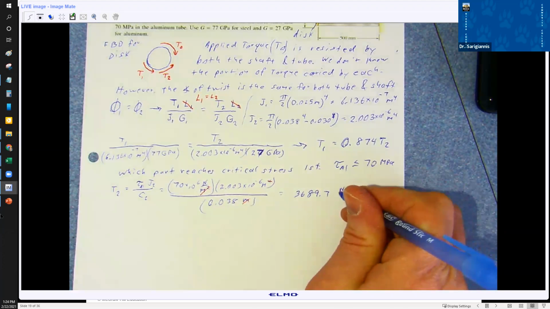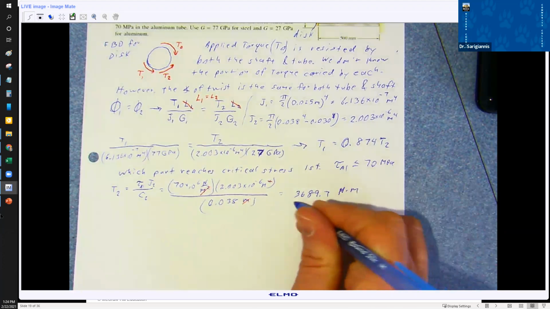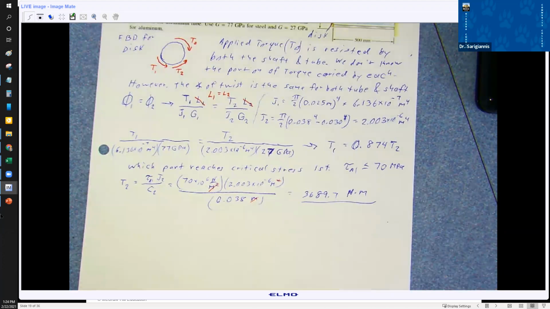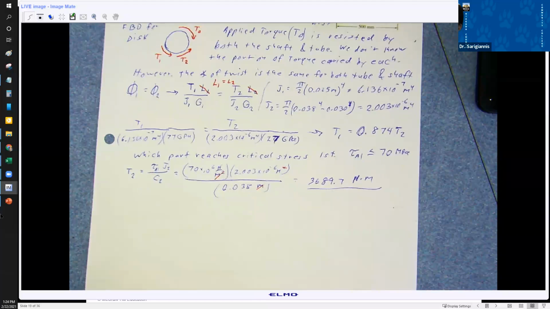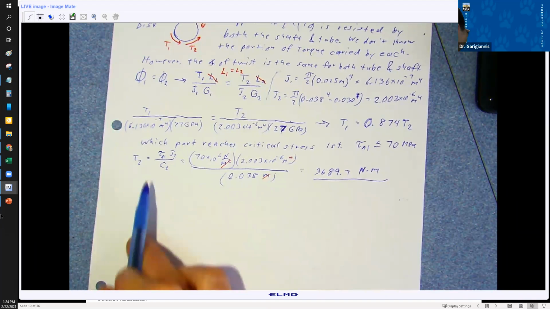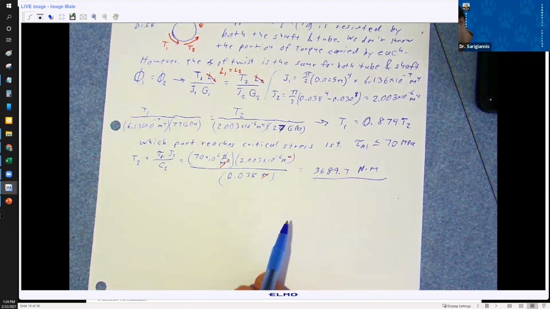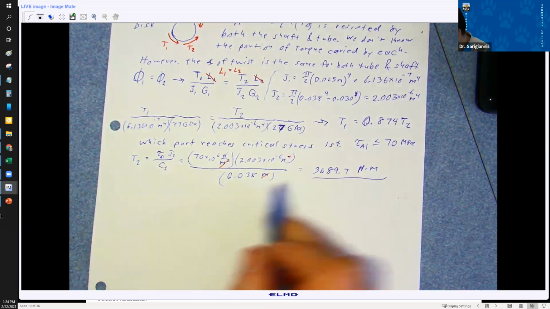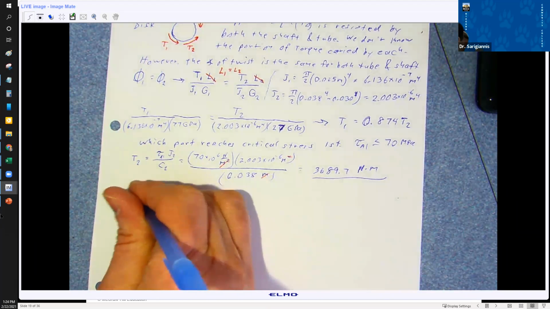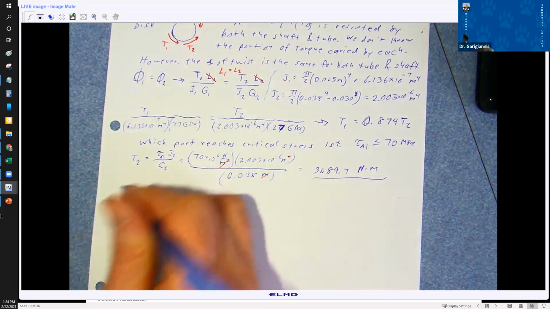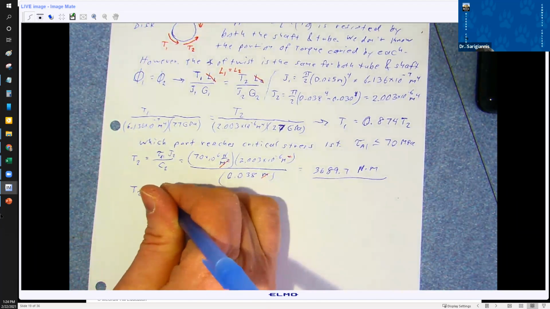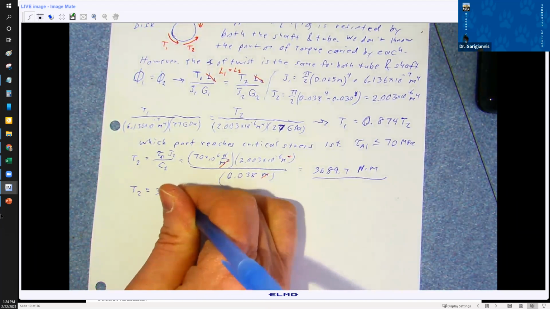This is why doing your units is a good way to check that you rearranged the equation correctly. Torque is a force times a distance. All right, so this is torque 2. I'm going to round this. Torque 2 is equal to 3690.